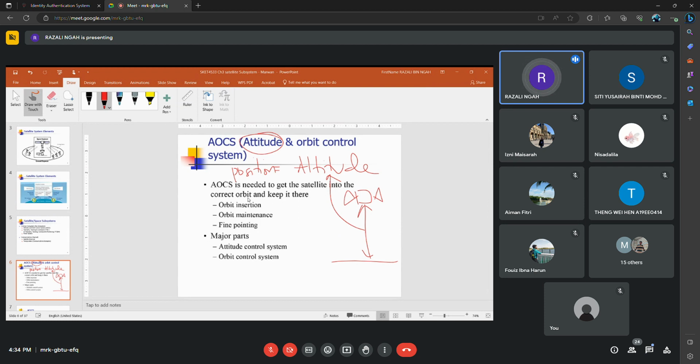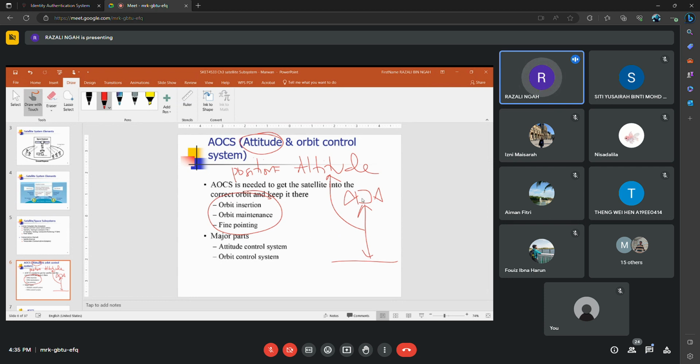AOCS is needed to make sure that the satellite is in the correct position and in a stable condition. So the condition we need is the OCS. Orbit insertion is the earlier process, to put the satellite in the correct position after launching.